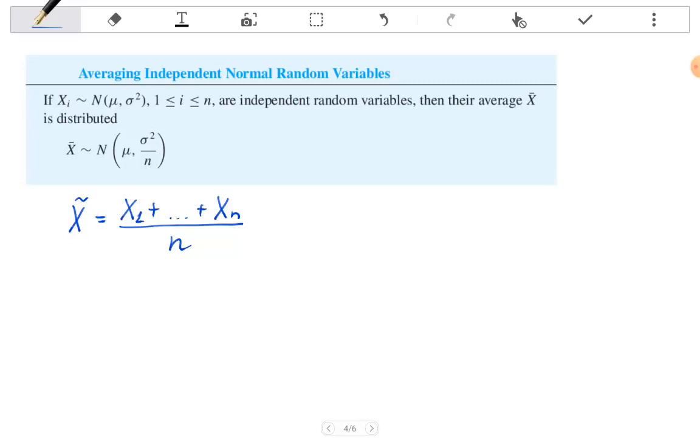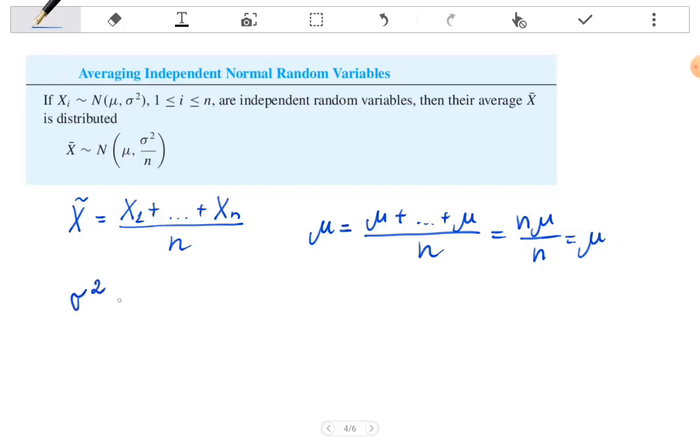Remember, we already studied the mean and the variance of this average, right? So the mean was the same, right? You can check that this is indeed true if we find mu. This is mu1 and so on up to mu n. So the sum of means over n. So this is n mu over n, which is just mu, right? If we're talking about the variance, we take the variance of each, sum them, and we need to multiply by the coefficient squared.